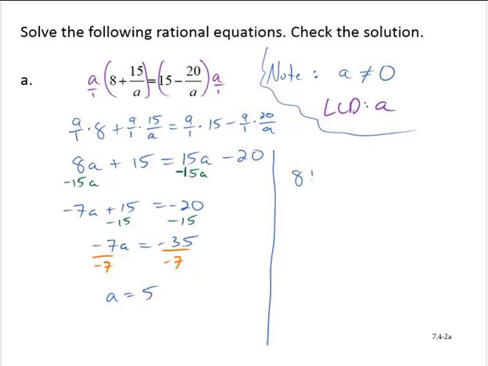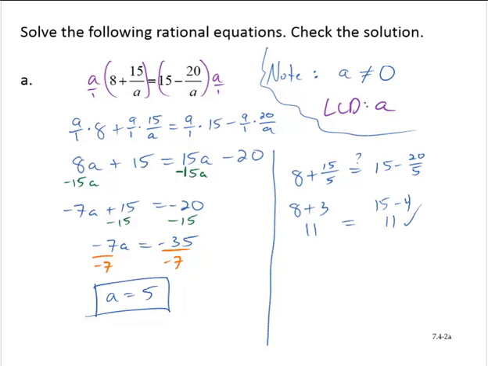So is 8 plus 15 over 5 equal to 15 minus 20 over 5? The left-hand side yields 8 plus 3, which is 11. And the right-hand side is 15 minus 4, which is also 11. And so they are equal. It checks out, and I'm confident in the solution of the equation.